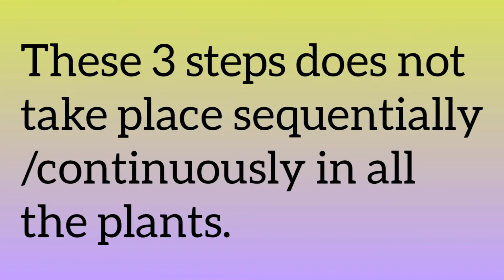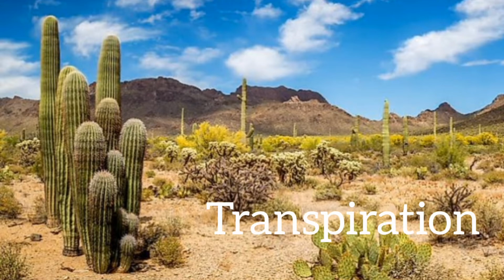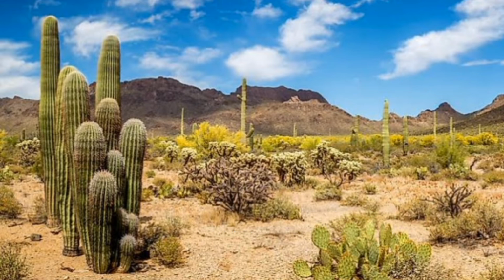These 3 steps do not take place sequentially in all plants. Think of desert plants. They keep their stomata closed to reduce transpiration during the day. So, they cannot carry out photosynthesis at daytime. These desert plants or xerophytes absorb carbon dioxide at night.